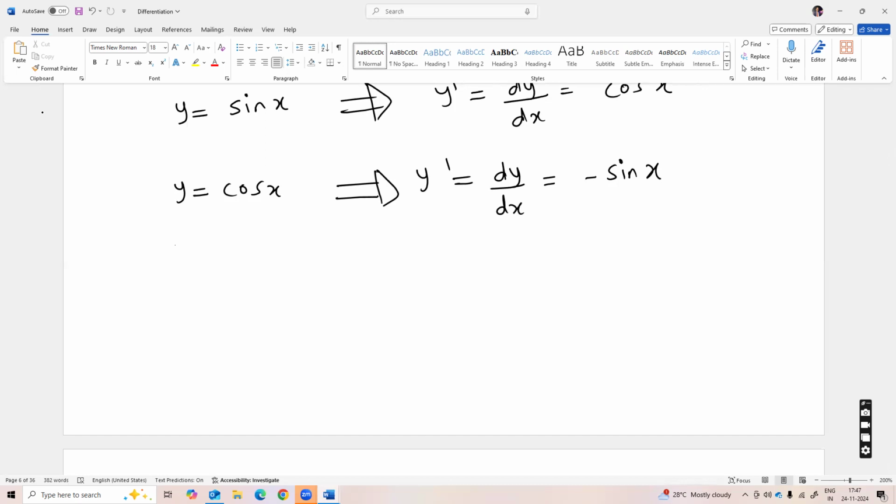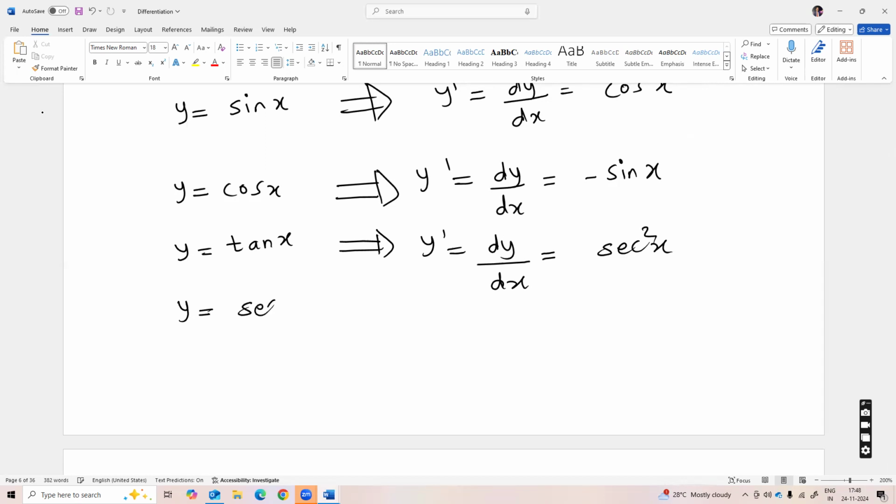So if y is equal to tan x, then y dash, which is dy by dx, will be equal to sec square x. If y is equal to sec x, then y dash or dy by dx will be equal to sec x tan x.